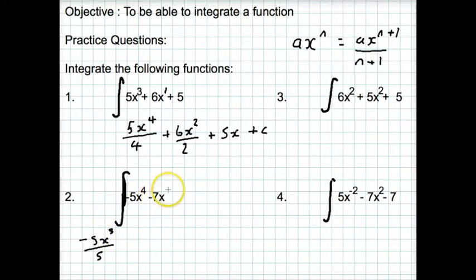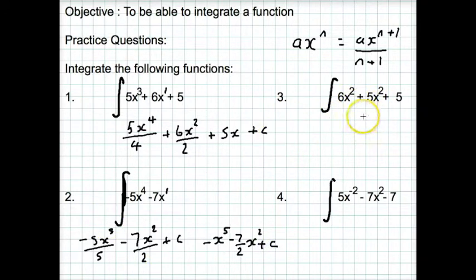Then this minus 7x, well that's to the 1, that would go up to 2, so this would become minus 7x to the 2, all divided by 2, plus c. We could of course simplify this. I'm going to do this for you. So this would become minus 5 divided by 5 is just 1, so that's minus x to the 5 minus 7 over 2 x squared plus c.